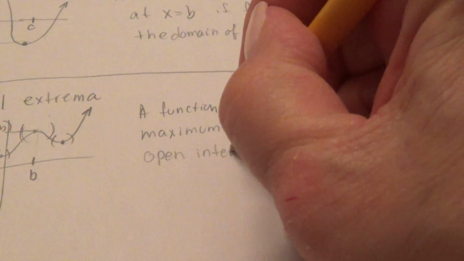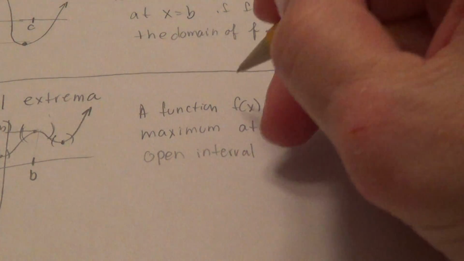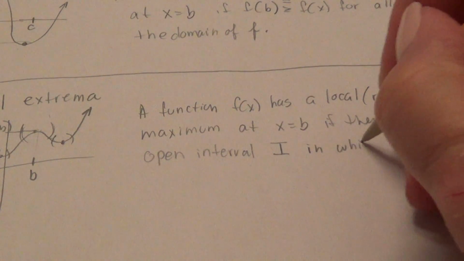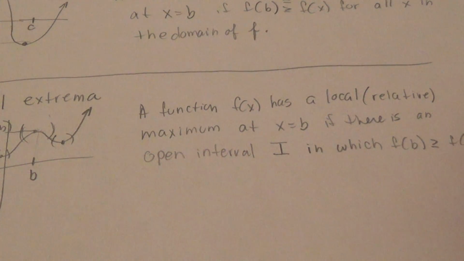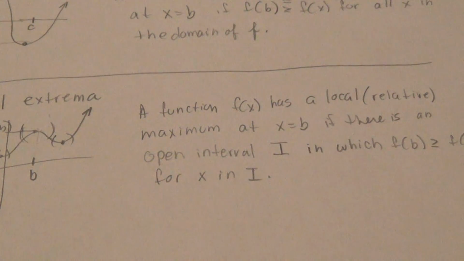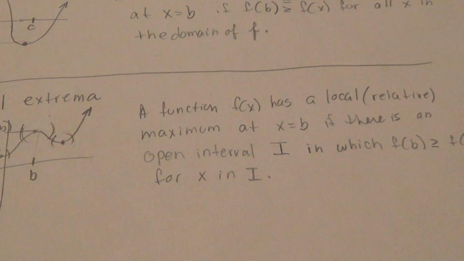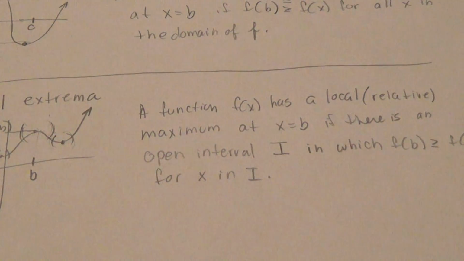Remember, open intervals do not include the endpoints. So an open interval I in which f of b is greater than or equal to f of x for all x in I. So that's how we formally say we're just going to look in one little interval around this point, and if it's the highest in that interval, we'll call it a relative or local maximum.